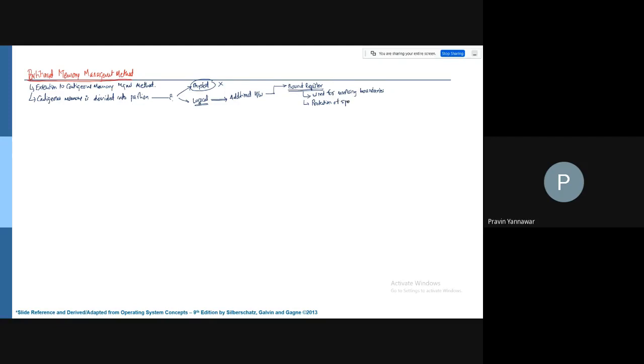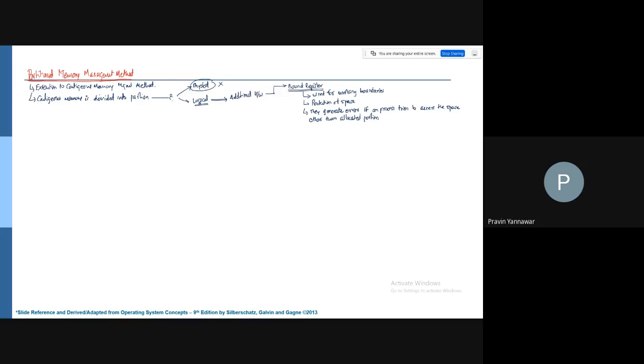They are used for particularly protecting the memory space, and also they generate errors if a process tries to access the space other than the allocated portion.